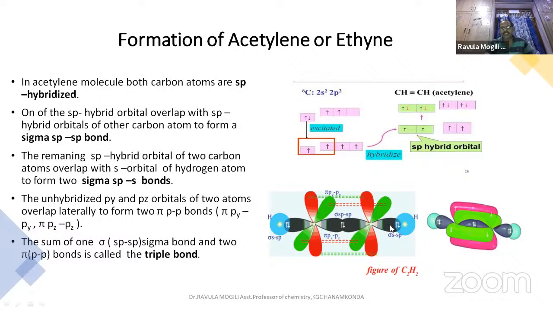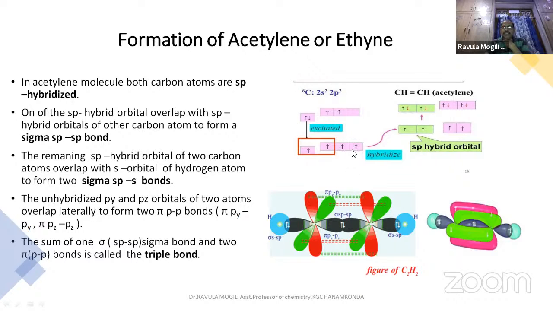One more sp hybridized orbital overlaps with the hydrogen s orbital to form a sigma sp-s bond. How many sigma bonds are there here? 3 sigma bonds: 1 sigma sp-sp and 2 sigma sp-s bonds.